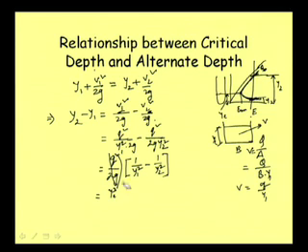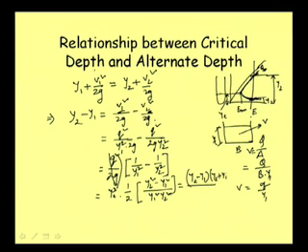So, q square by g can be written as yc cube, and then it will be 1 by 2 into y2 square minus y1 square divided by y1 square y2 square, and that can be written as y2 minus y1 into y2 plus y1 divided by twice y1 square y2 square.